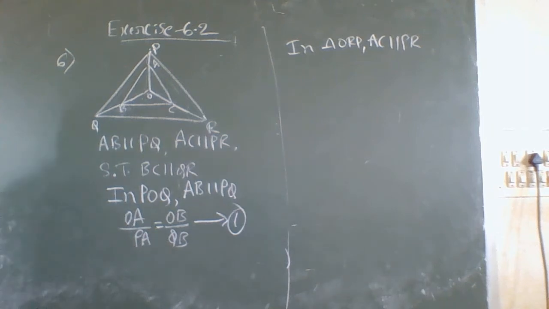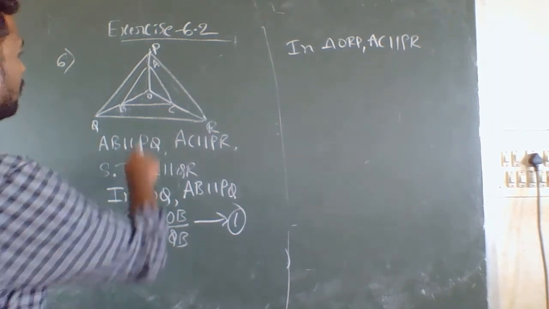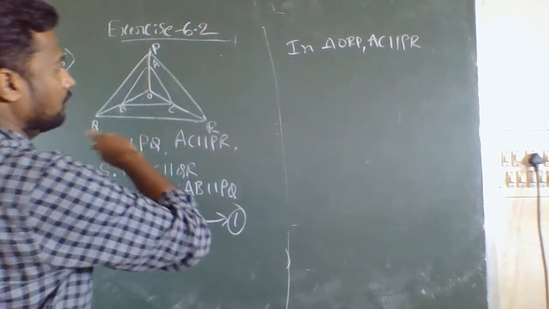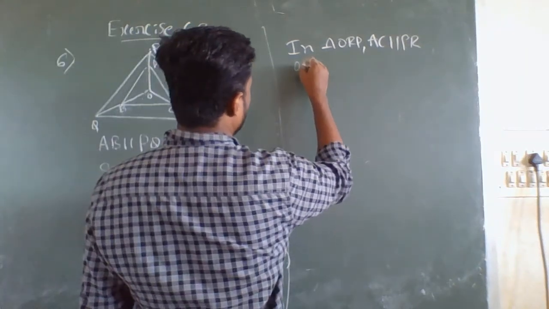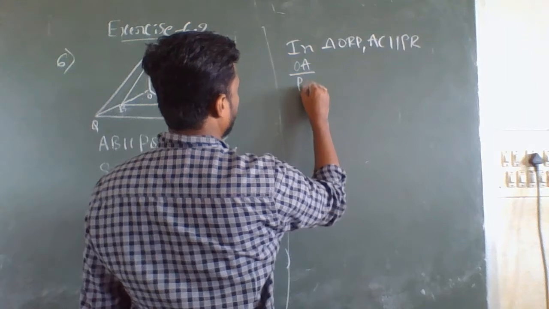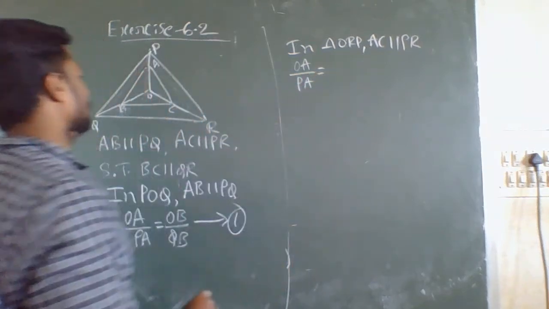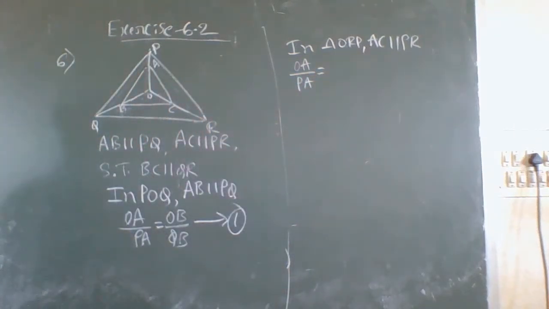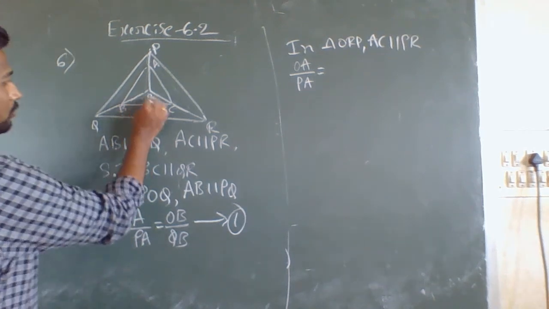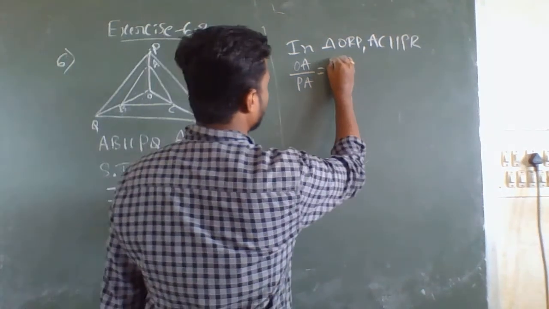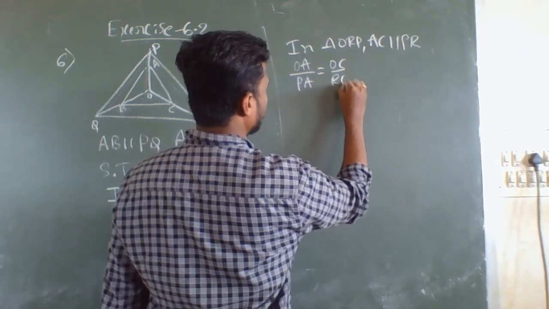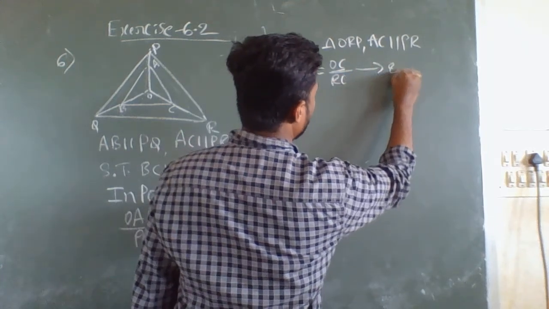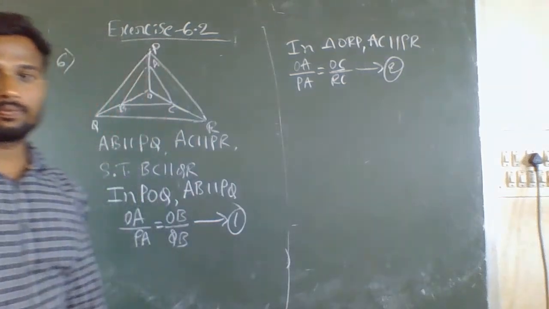Now, by using the theorem, what can we write here? OA by PA is equal to OC by RC. This I will consider as 2.